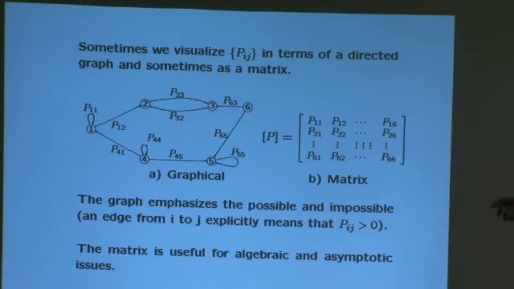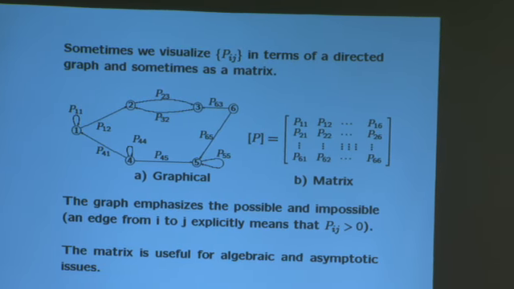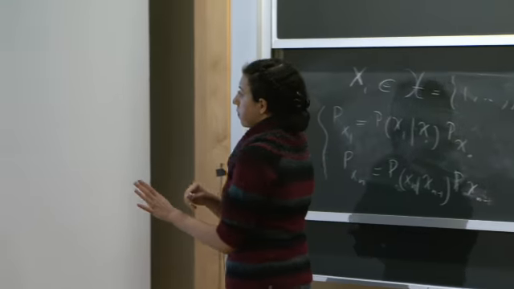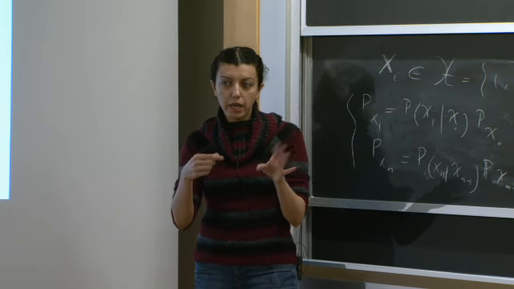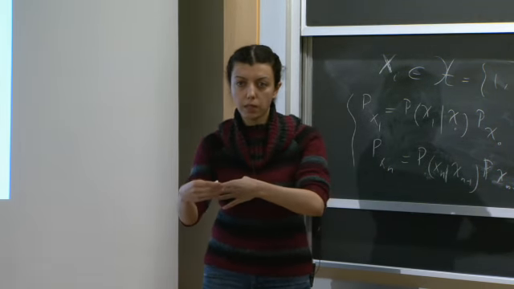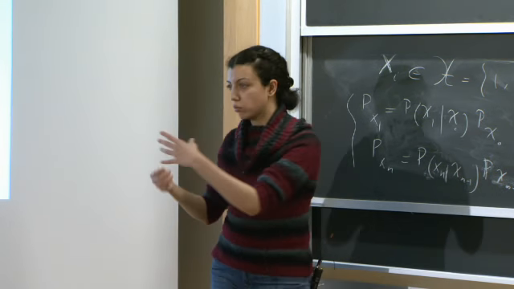So matrix form is very easy. You just look at the m probability distributions that you have. In a Markov chain with m number of states, you will have m distributions, each of them corresponding to the conditional distribution of the next step, conditioned on the present step being equal to i.